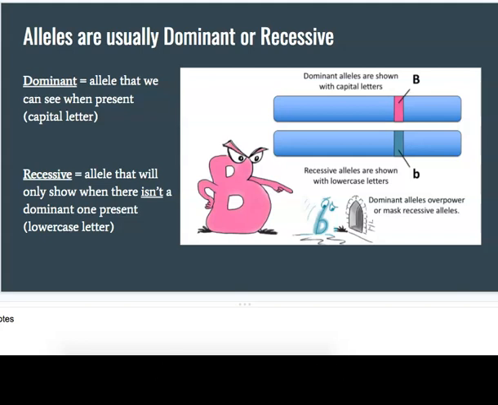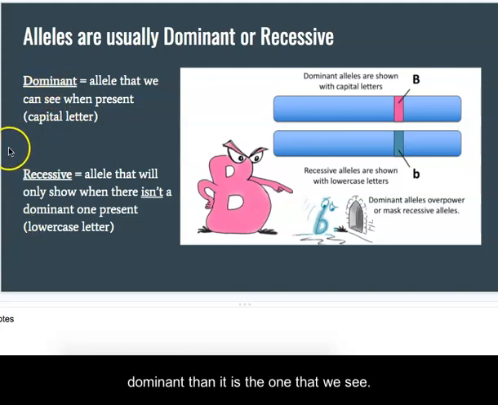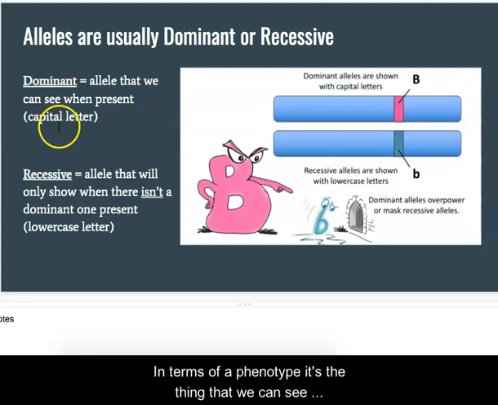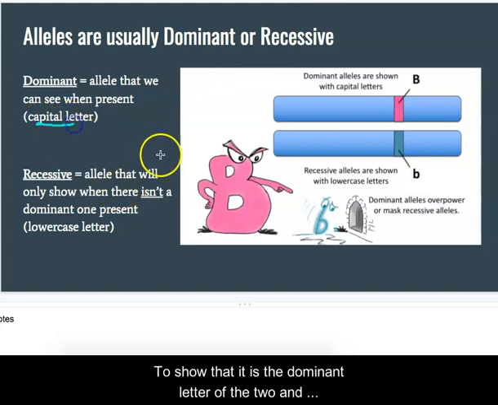Okay. So alleles being dominant: if the allele is known to be dominant, then it is the one that we see in terms of a phenotype. It's the thing that we can see whenever it's present. And we usually show it in the form of a capital letter to show that it is the dominant letter of the 2.